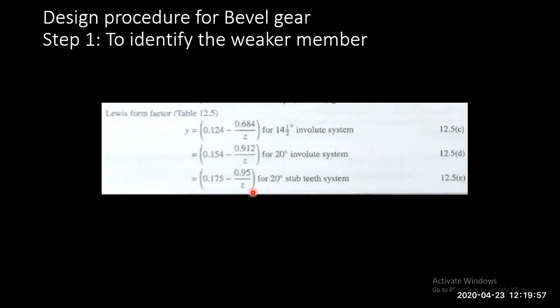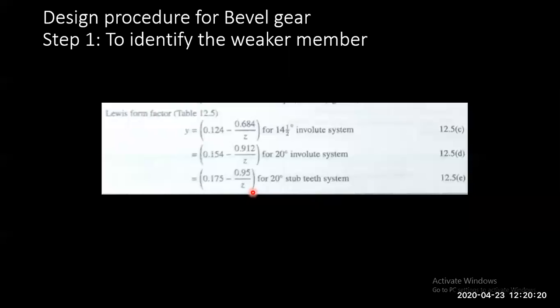And once you find that, in this same step, this y is for when the number of teeth is not given. Suppose the number of teeth is not given, then you use these formulae, where you would have assumed some number of teeth, and depending on that, you note it down. In the question, whatever number of teeth is given, you note it as the virtual number of teeth, then find the actual number of teeth using the formula.